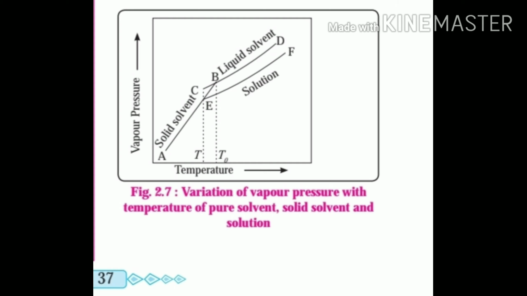Similarly, curve AB and curve EF meet at point E, when the vapor pressure of the solid solvent and solution becomes equal, and that corresponds to the freezing point of the solution. Here the freezing point of solution is lower than that of the solvent, because the vapor pressure temperature curve for solution lies below that of the liquid solvent.